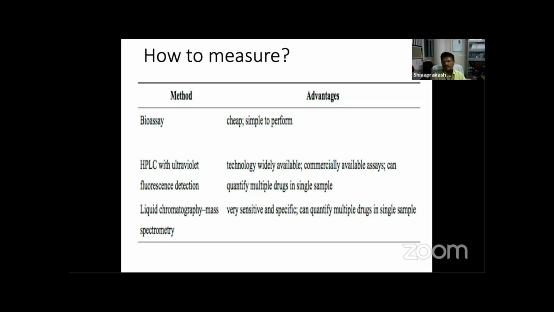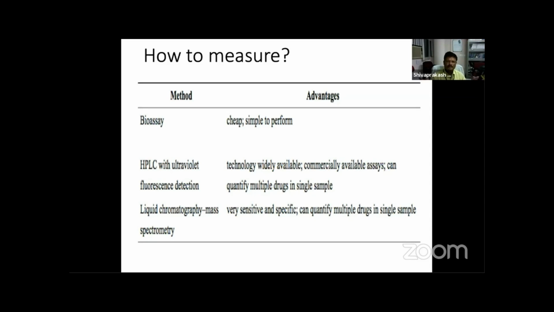But you cannot have it everywhere. In a research lab like ours and in AIIMS and other places, you will have an HPLC and you can do it very easily. Liquid chromatography is another technique that is there, but again, it is cumbersome and you need to combine it with mass spectrometry.